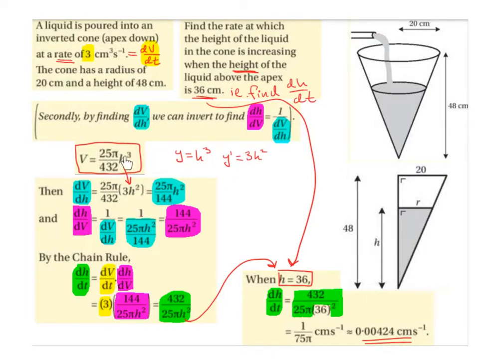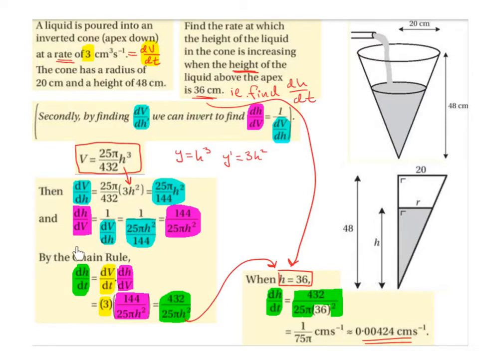So the derivative of h cubed is 3h squared. And simplifying, that gives us 25 pi over 144 h squared. So dh/dV, which is what we really want, is going to be 1 over dV/dh. So that's going to be 1 over 25 pi h squared over 144, which will give us 144 over 25 pi h squared. So this is what we really want.